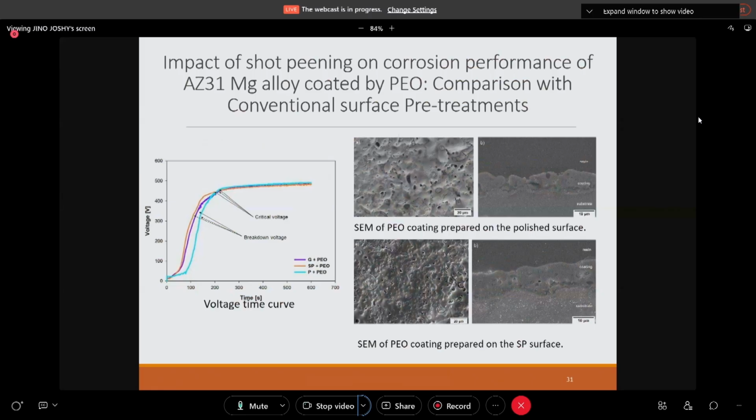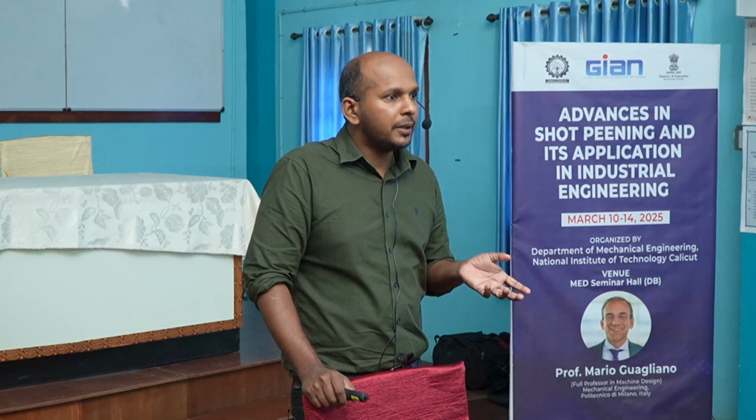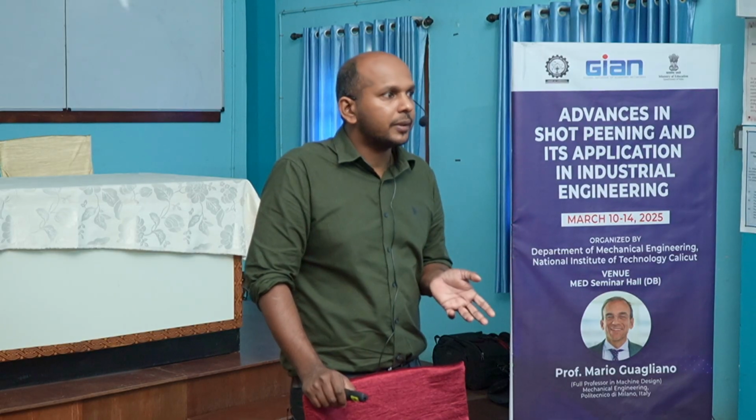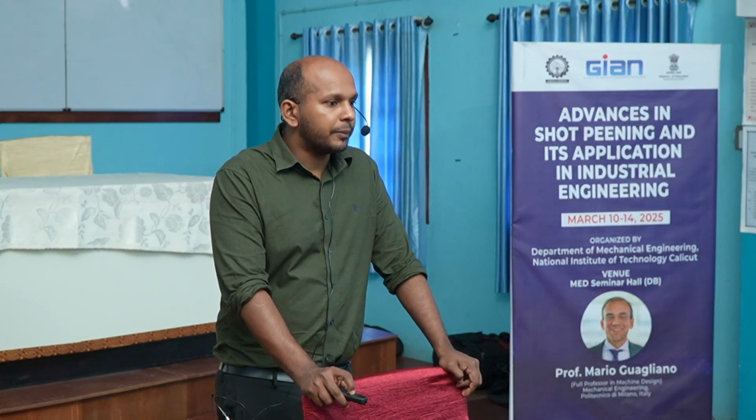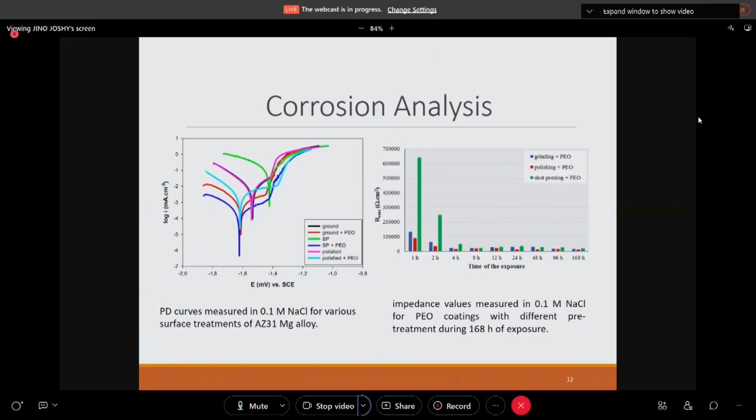Okay, so there may be reasons: the surface roughness is increasing because of the SP layer, so there will be more chances that whatever coating is formed, the adhesion properties will also be better, and there will also be more dissolution sites. Okay, with the combined effect of all these properties, they got a coating with very good properties. These are the corrosion studies. They got a very good corrosion curve, showing corrosion resistance, for this combined effect.